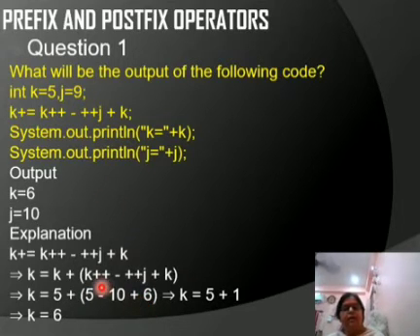Now k will become 6 because it is k plus plus, so k is equal to 5 plus 1. Here it is written 5, so k is now 6. Okay, now solve it, you will get the answer.